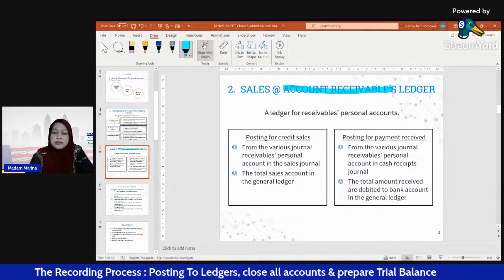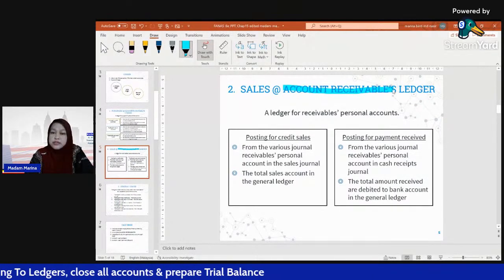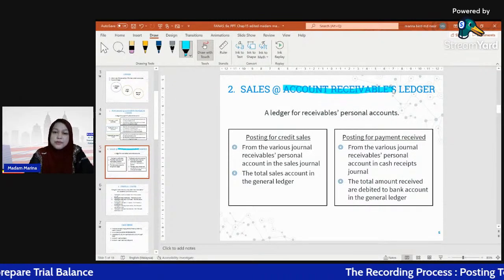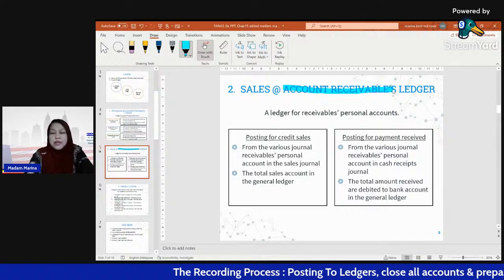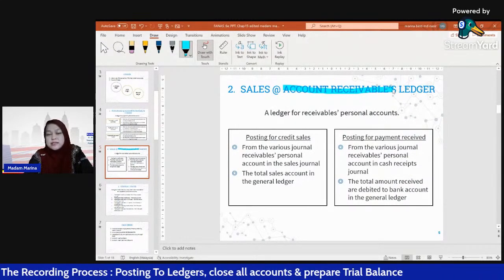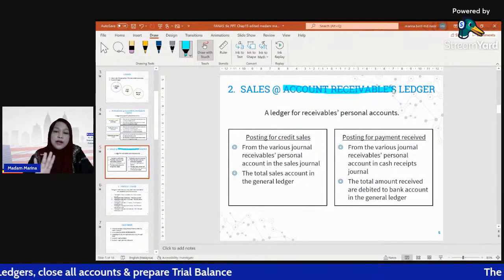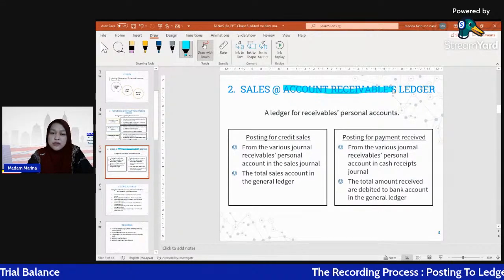Those who owe the business, or people who buy goods on credit from us, from the business. So whoever owes, for example Ali, Abu, Ahmad, Naufal, these four accounts fall under the sales ledger, or accounts receivable.